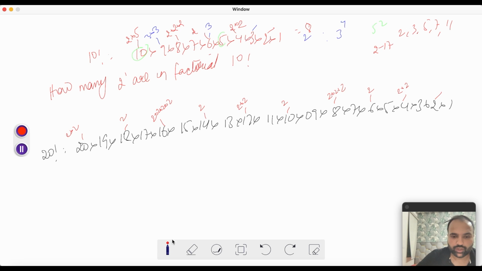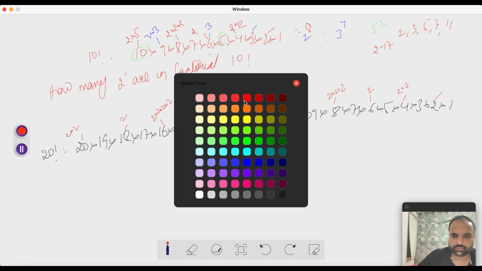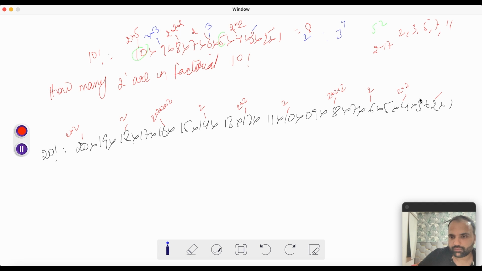Now let's calculate for 3. Let's take blue. So we have 1 three, then 1 three over here, 2 threes over here, 1 three over here, 1 three over here, and 3 into 3 over here, and I believe that would be all.